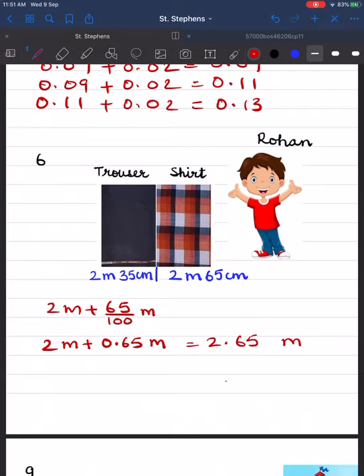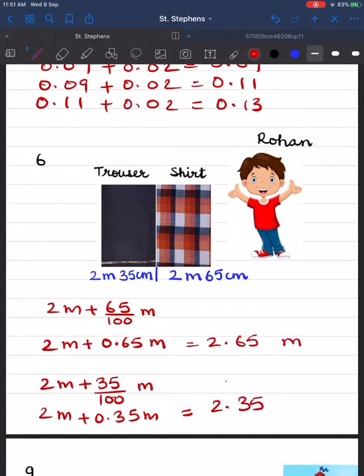And we have 2 meter plus 35 upon 100 meters. So here we get 2 meters plus 0.35 meters. And we get here 2.35 meters. Now to find out the total length of the cloth, we have to add the length of the shirt and the length of the trouser.